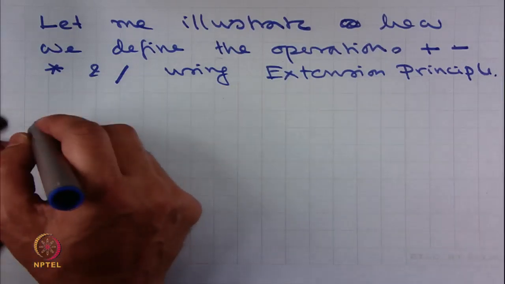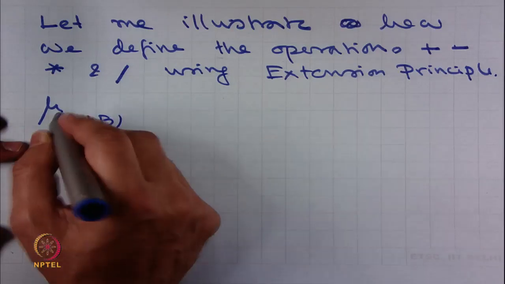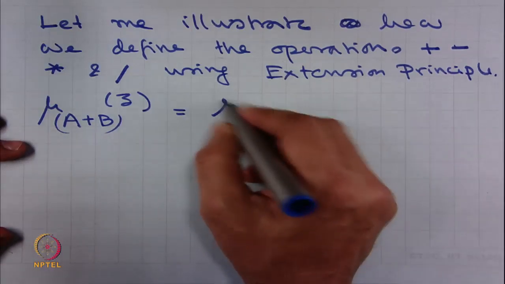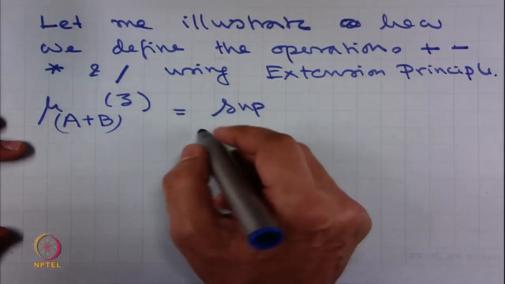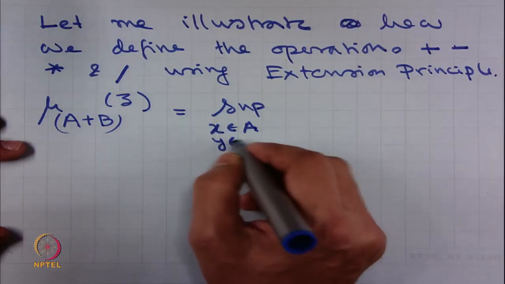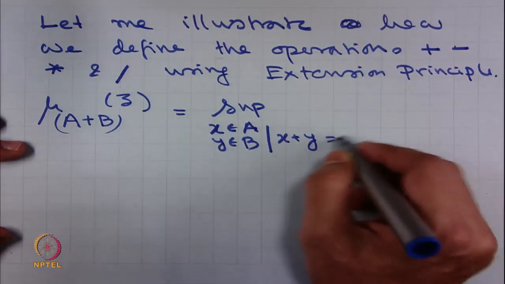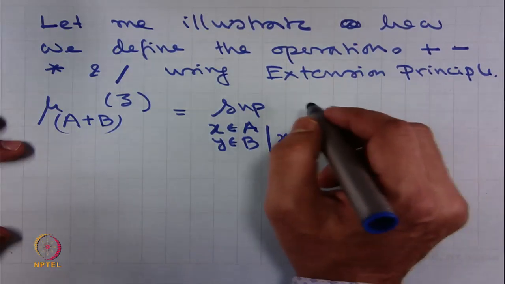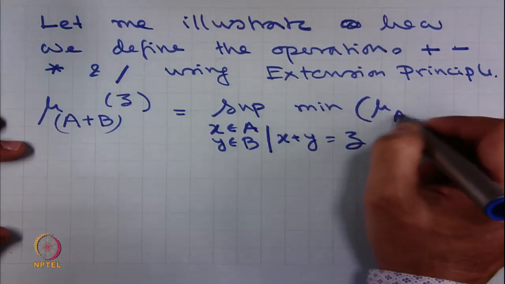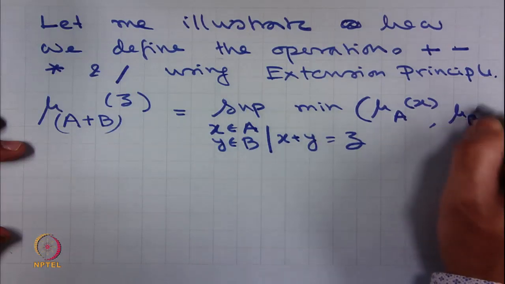So, mu A plus B of Z is equal to supremum over all those x belonging to A and y belonging to B such that x plus y is equal to Z, minimum of mu A of x and mu B of y.